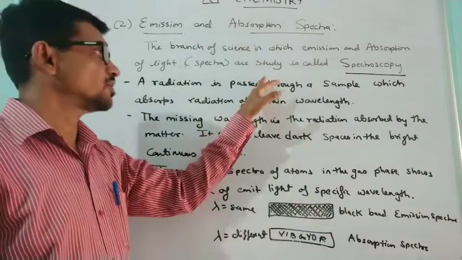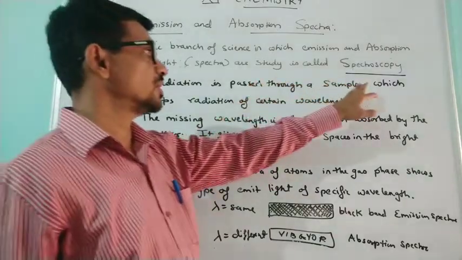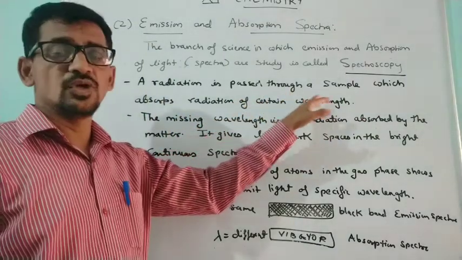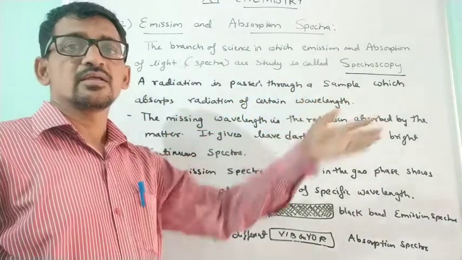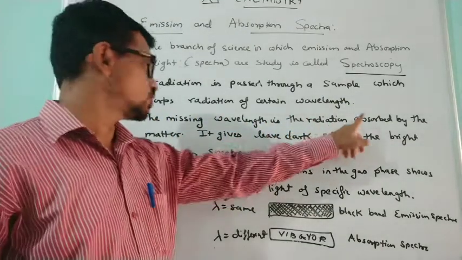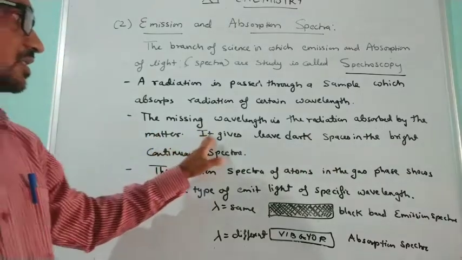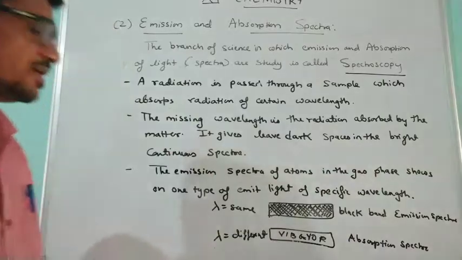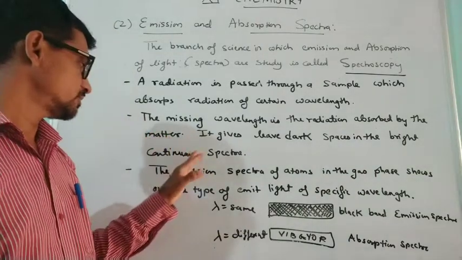So if light of particular wavelength is passed to the sample, which absorbs radiation of certain wavelength, and the remaining is passed through, the missing wavelength is the radiation absorbed by the metal. It gives dark patches. This space of bright light is known as continuous spectra.